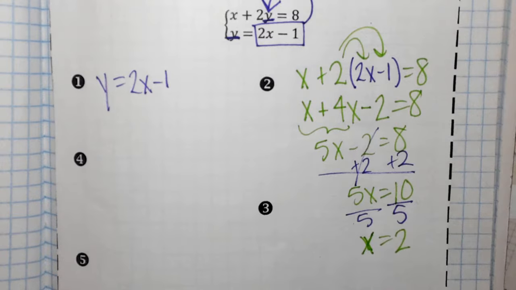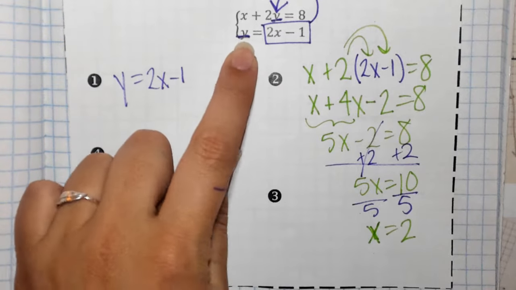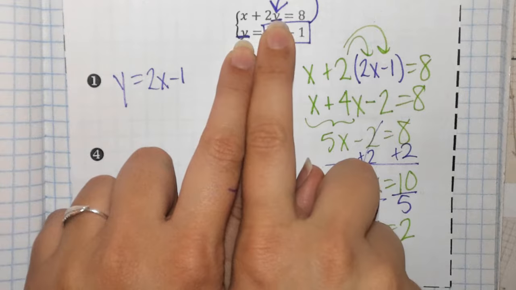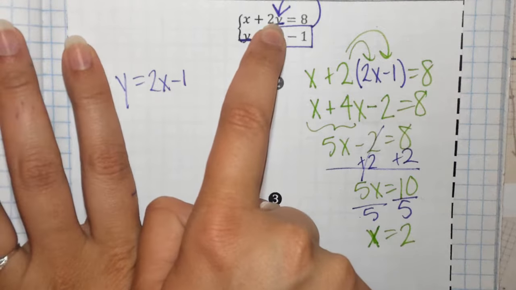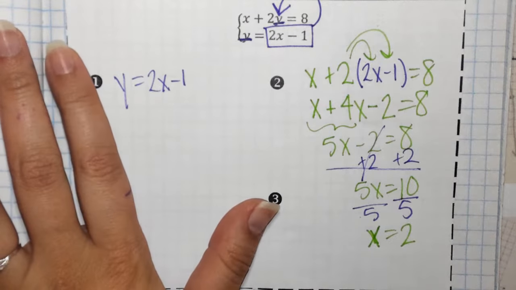Okay, now what was step 1? Who can tell me what step 1 was? So get a variable by itself, right? Good job, Troy. Take a point. And we saw that y was already by itself, so we underlined our y here and our y here. Alright, then we took what y equaled and we plugged it into our top equation. Now, why did I plug in for y and not x?